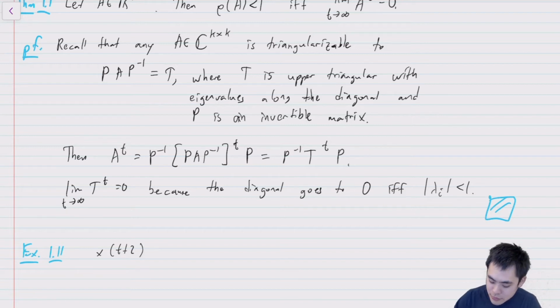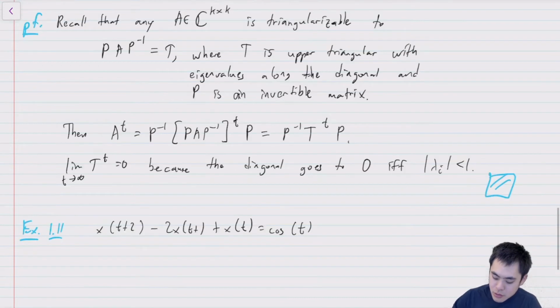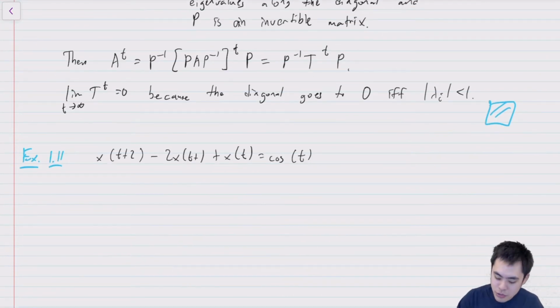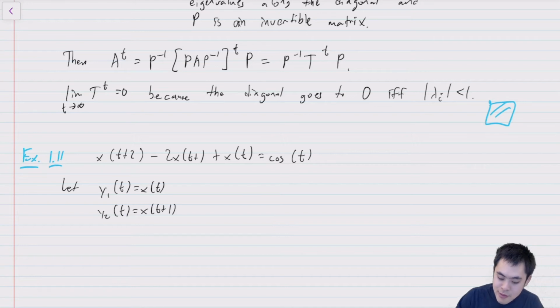Let's start with x of t plus 2 minus 2x of t plus 1 plus x of t is equal to cosine of t. Well, what was our procedure for the conversion? We're going to let y1 of t be equal to x of t, and y2 of t be equal to x of t plus 1.